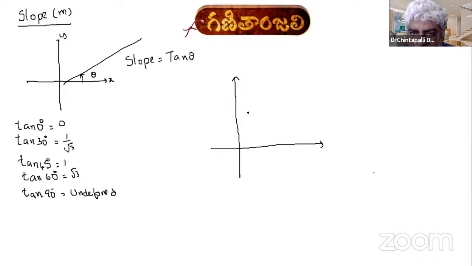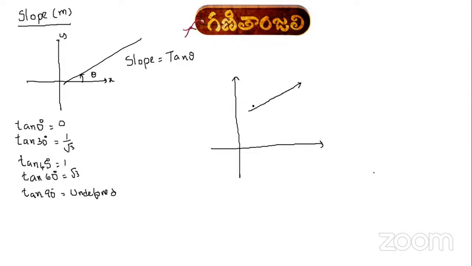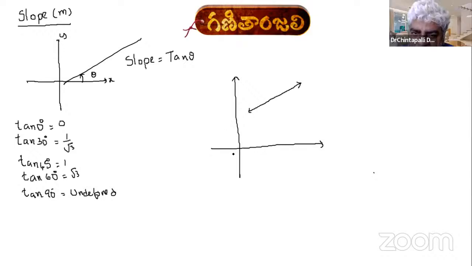There is a line, and we want the slope of this line. To find its slope, we need the angle made by this line with the x-axis, right?